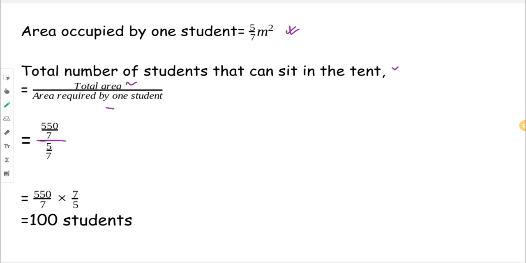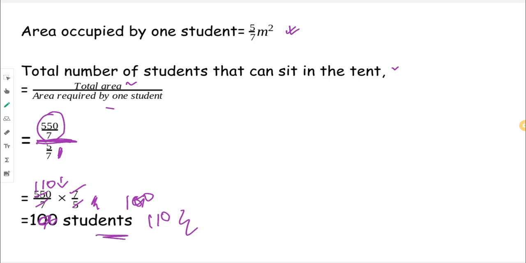If I convert this division into multiplication, nothing happens to the top, but the 5 by 7 will change position. 7 will go up, 5 will come down here. So I can divide this, 5 ones are 5, 5 ones are 5, 5 ones are 5, so how much? 0. So it's not 100, it will be 110 students. So how many students can sit? 110 students.